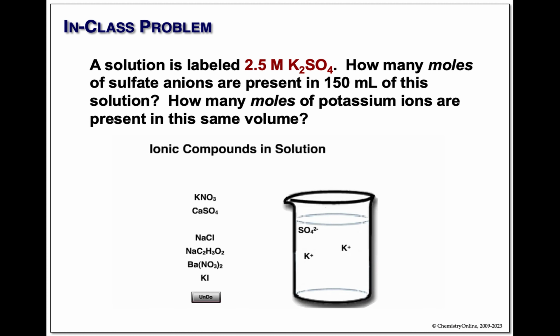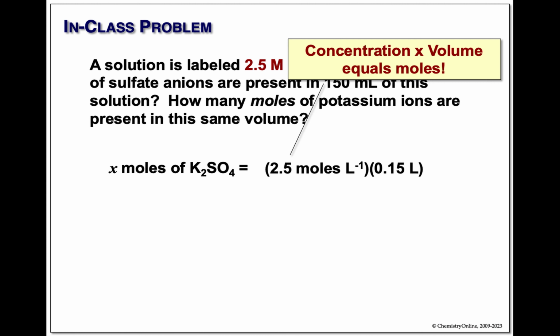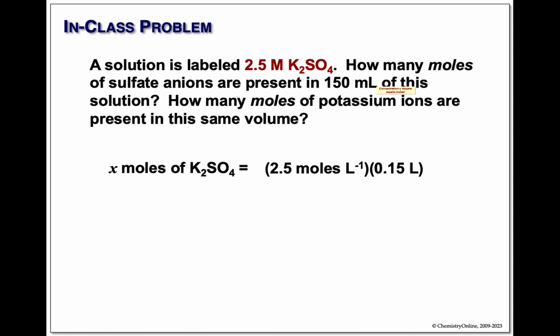That's our mole ratio, right, of ions. These things will totally dissociate. So, moles of potassium sulfate, concentration times volume. Multiply those together. Liters cancel. 0.38 moles of potassium sulfate.